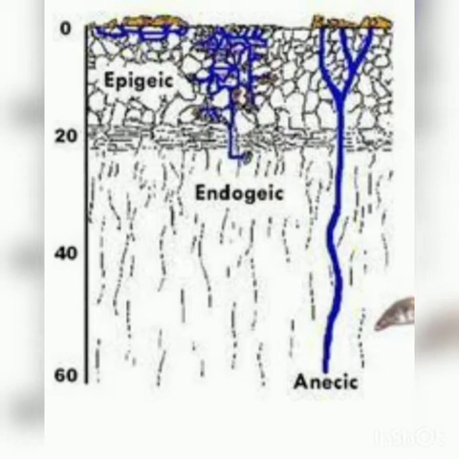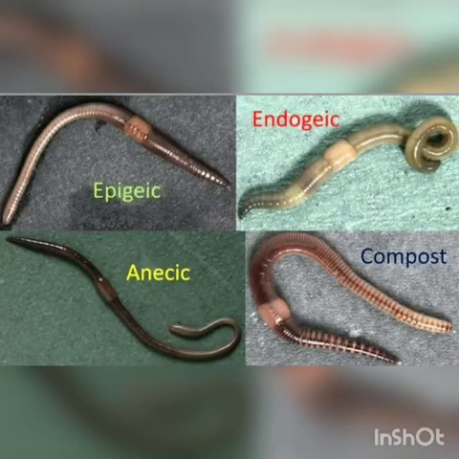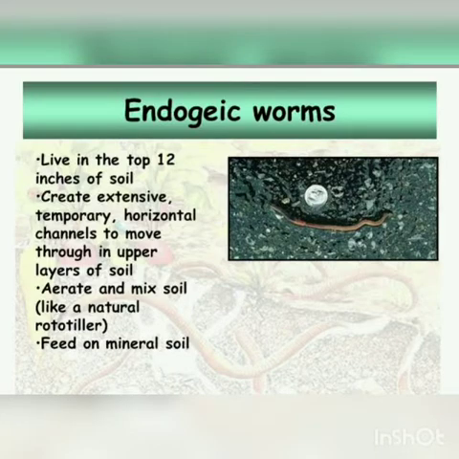And second is the anecic. Anecic means out of earth. They come out of the soil, and are found on the upper layers of the soil. We can easily see them outside the soil. Example, Lampito mauritii. Next, endogeics. Endo means within the earth, in the deep layers of the soil. Example, Octochaetona thurstoni. So these are some of the classifications of earthworm.